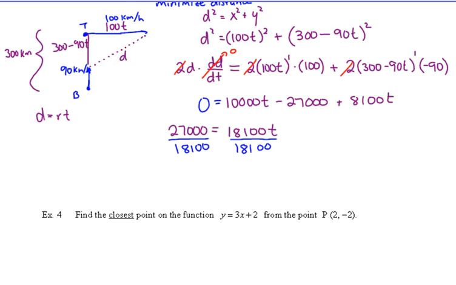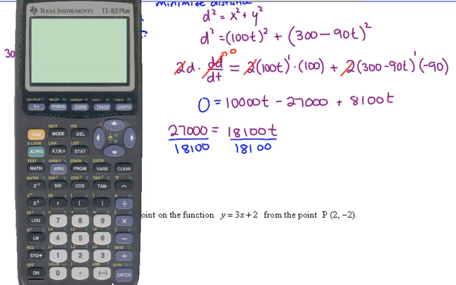What's wrong? That's right. Well, I think it's right. I think it gives us 1.49. Let's divide them.